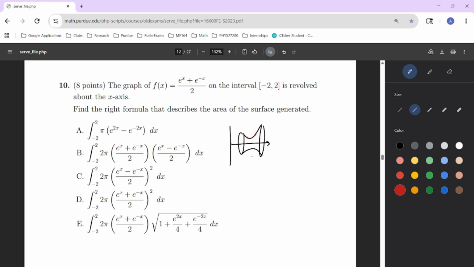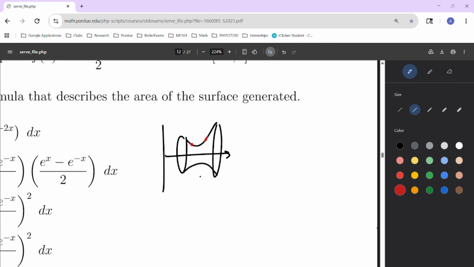This small arc length right here has both a component of dx and a component of df. dx is the small change in our step, and df is the change in the function. This little arc here, ds, can be approximated using the Pythagorean theorem with df and dx, the square root of df squared plus dx squared.